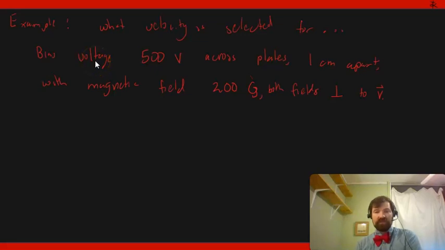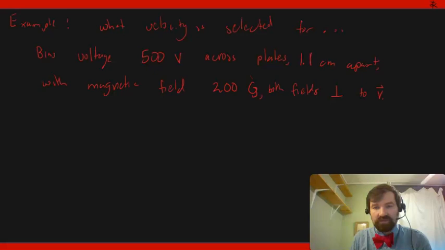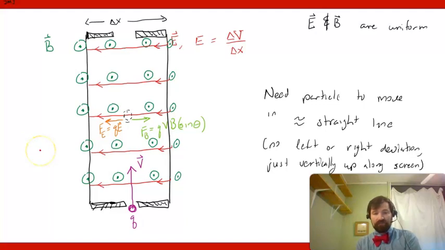Suppose we set up this velocity selector by putting two plates, applying a bias voltage of 500 volts between the two plates, making them be a centimeter apart. You can call that 1.0 centimeters if you'd like, just for 2 sig figs. And then we have a magnetic field of 200 Gauss with all vectors being perpendicular, basically matching this diagram.